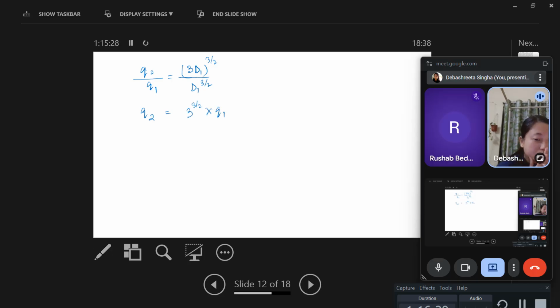So how much is the change coming? Can you just tell? How much is 3 to the power 3 by 2?